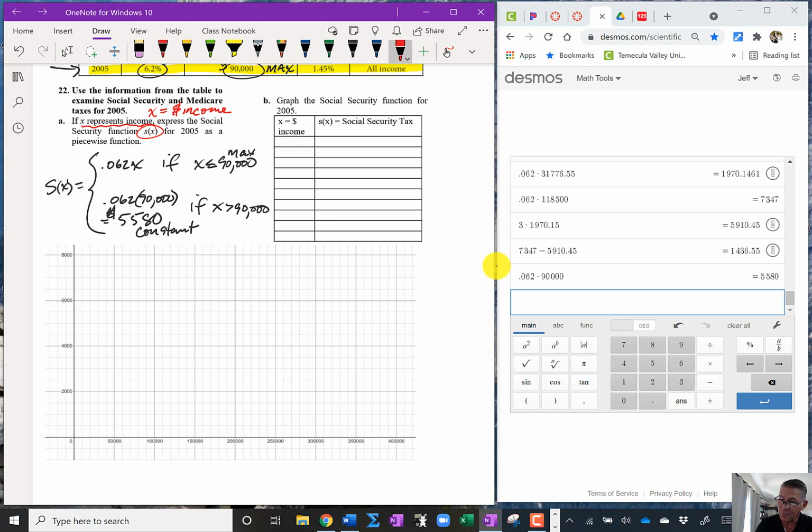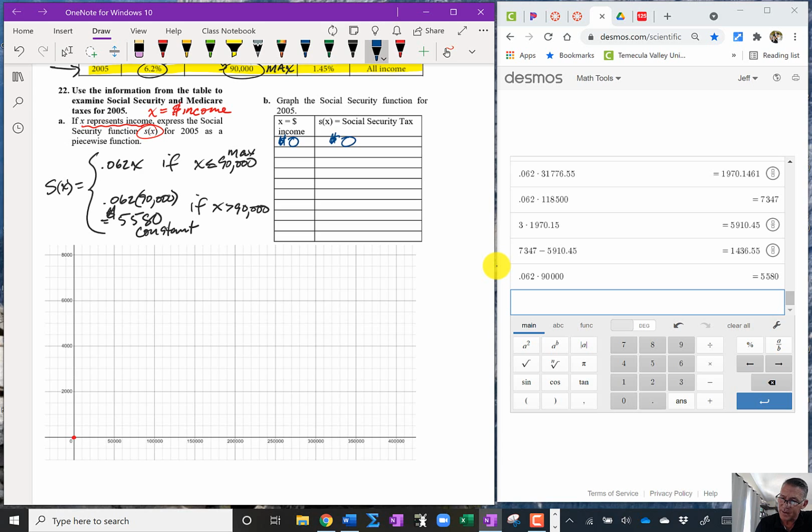All you have to do is shift the decimal 4 places, but if you don't know that, you just type it in. You multiply by 10,000, the decimal shifts 4 places to the right, and you get 620 bucks. So you have to pay $620 in Social Security tax.